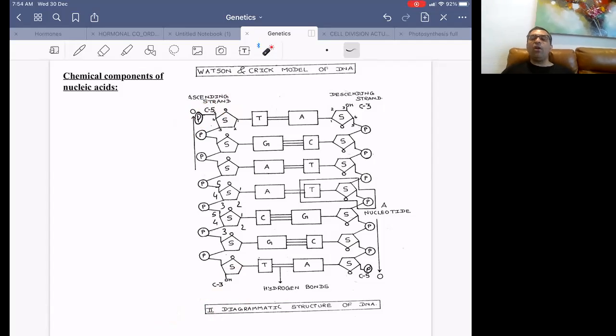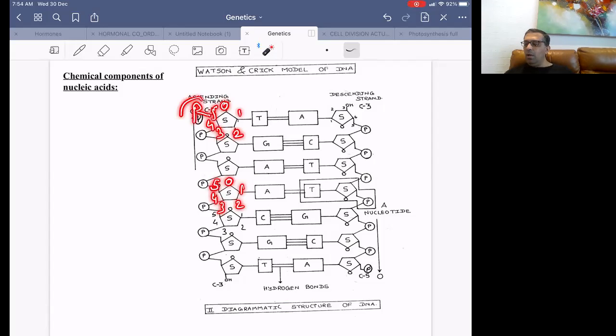Now check this carefully. In one of the strands, oxygen is facing upward. So rule of thumb, the first carbon which comes in the clockwise direction is C1. So if this is oxygen, this is C1, this is C2, C3, C4, C5.